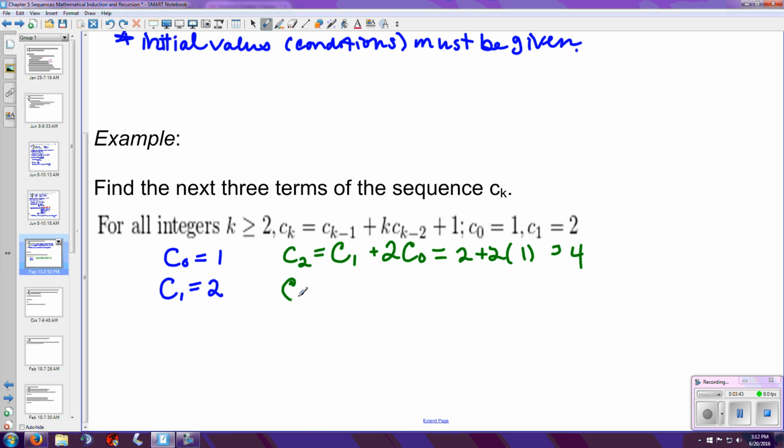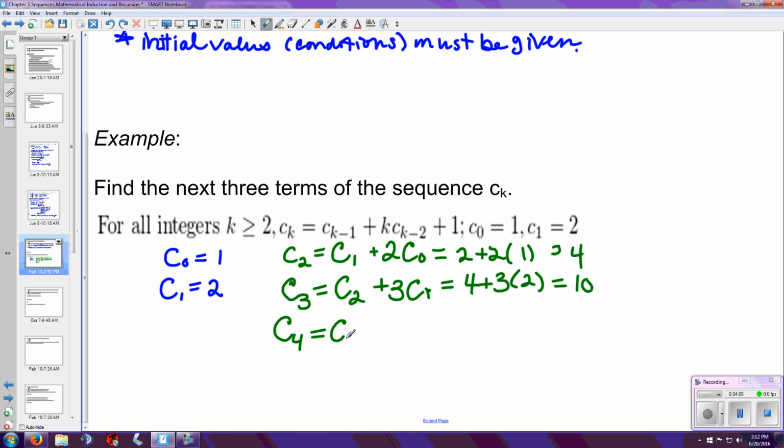If we want the next term, C3, that's going to equal C2 plus 3 times C1. Again, both of which values we know. C2 is equal to 4 plus 3 times C1, which is 2. 4 plus 6 is 10, and so on and so forth. So let's just do one more to have this completely filled in.